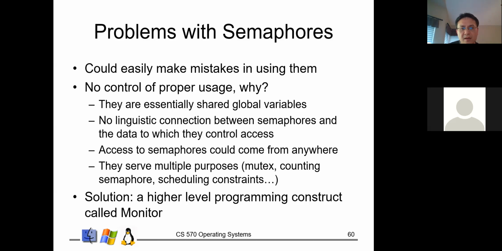Also, semaphores are essentially like shared global variables. That aspect is also not ideal.